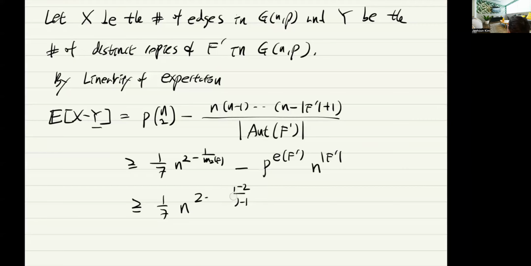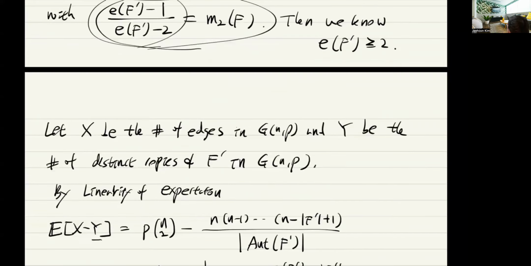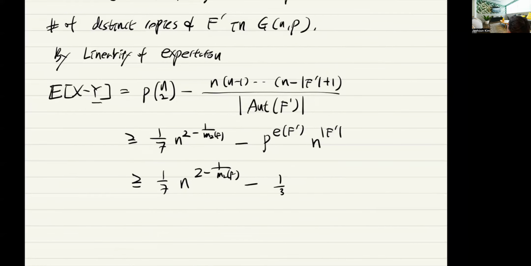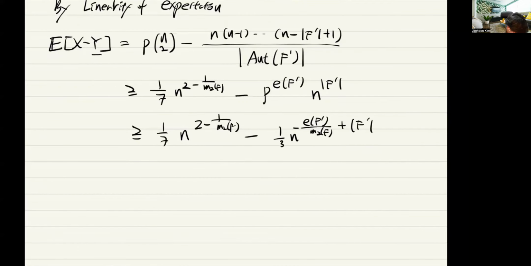Okay, let's not write it this way. Minus, but P was chosen in this way. So 1/3 times n to the e of f prime over m of f minus plus f prime. This is what you get.